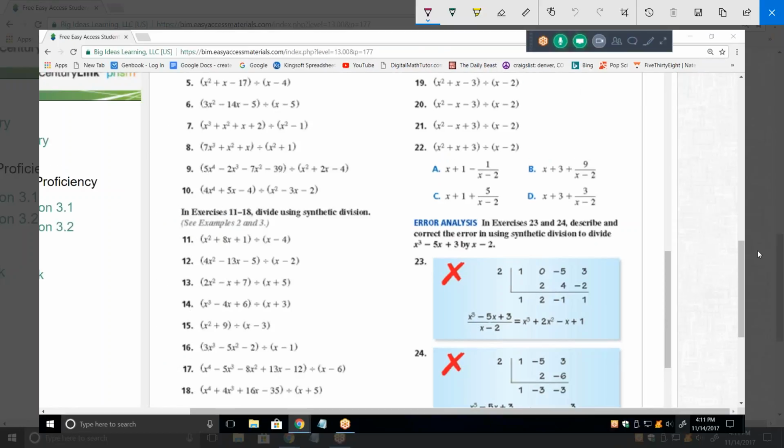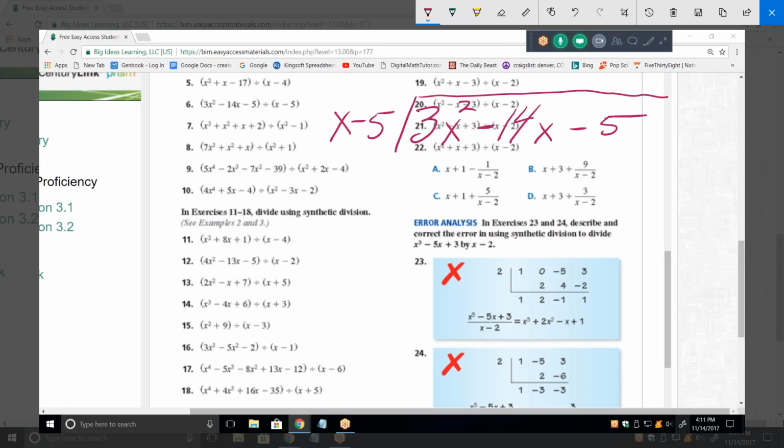So if I'm doing this by long division, it's just like regular long division. Only you have to make sure, just like synthetic division, you have every power of x represented in both the dividend and the divisor.